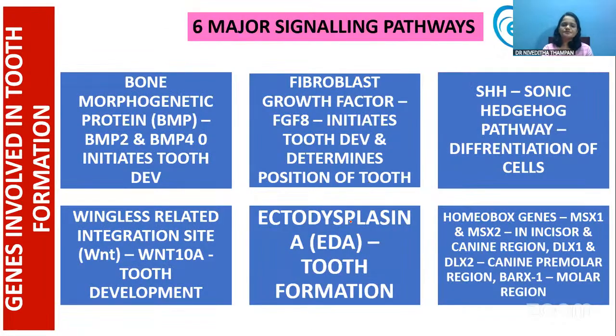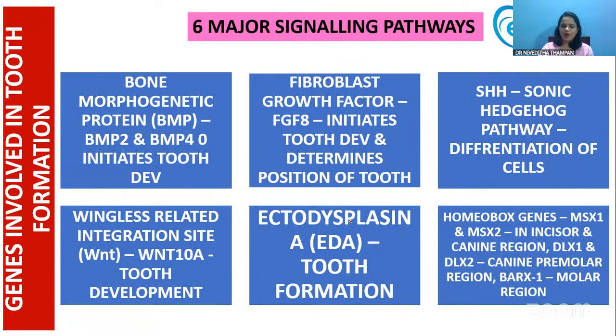Now genetics is involved in tooth formation. It is a very broad and wide subject. You don't have to study the genetics in detail, but you should at least know the names.